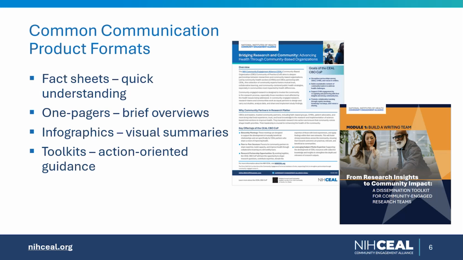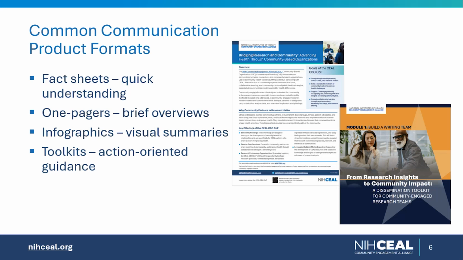We'll start with fact sheets. Fact sheets help people understand a topic quickly. It contains evergreen information about a topic or a program. One-pagers are usually a single page. They give short overviews about a program or research's purpose and core message.